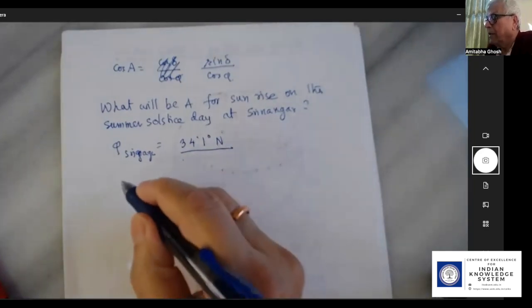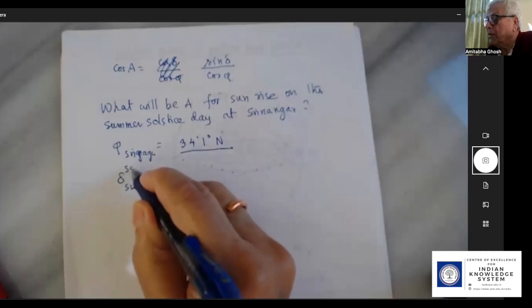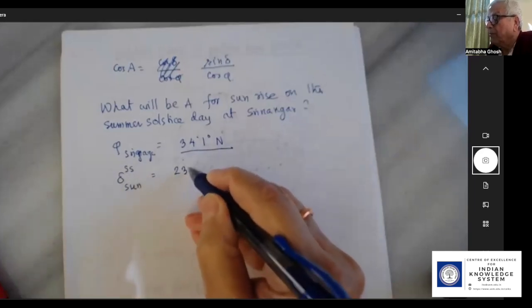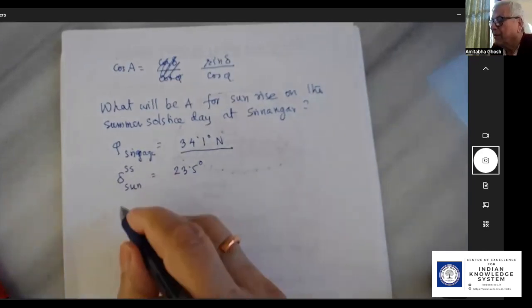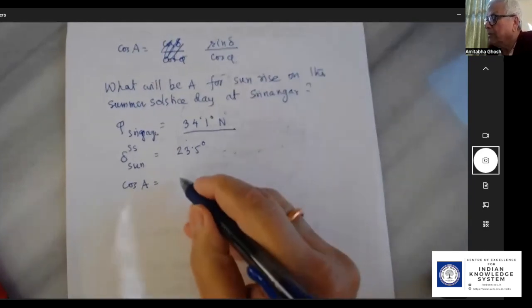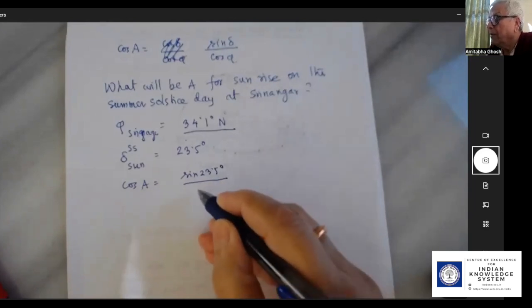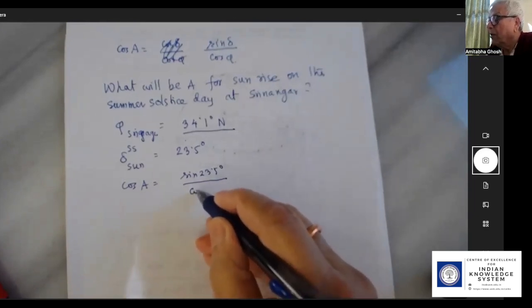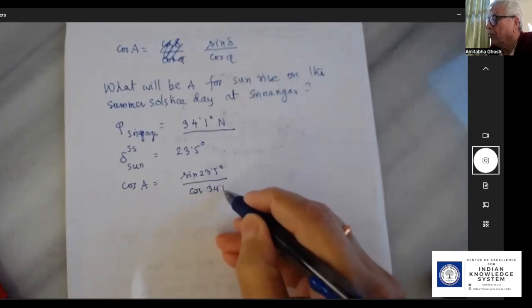What is the declination of sun on summer solstice day? Is 23.5. That is known because it is at the highest position in the ecliptic. So what will be cosine A? That is where the sun will rise. So it will be sine of 23.5 degree by cosine of 34.1.